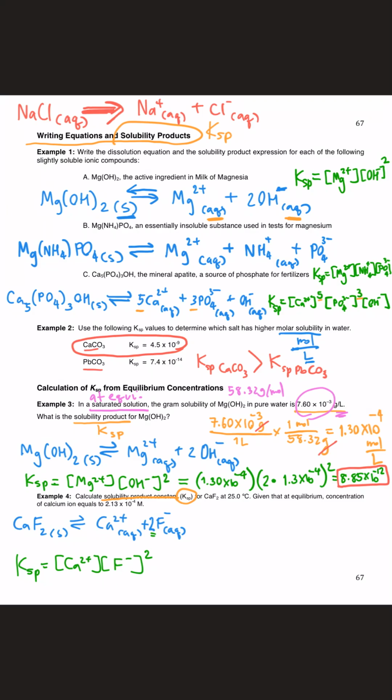Then plug in all of these values, you will get 2.13 times 10 to negative 4, which is the concentration of calcium ion at equilibrium. Then multiply this concentration by the concentration of fluoride ions, which is 2 times the concentration of calcium ion. Because if you look at the equation, you will see that the ratio between calcium and fluoride is 1 to 2. Then don't forget to square. And you will get the KSP equal to 3.87 times 10 to negative 11.